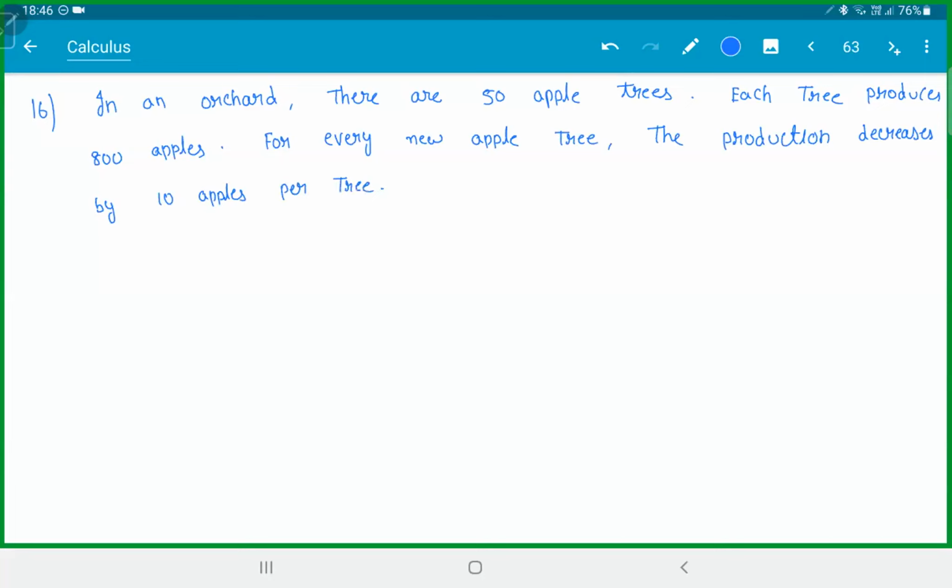So the question is, now just imagine if you plant one tree, what will happen? All the trees will produce 10 apples less. But this one new tree will produce 790 apples now. So it is still a profit. If I just plant one tree, there'll be 51 trees, and the previous 50 trees will produce 10 apples less, so you will lose 500 apples.